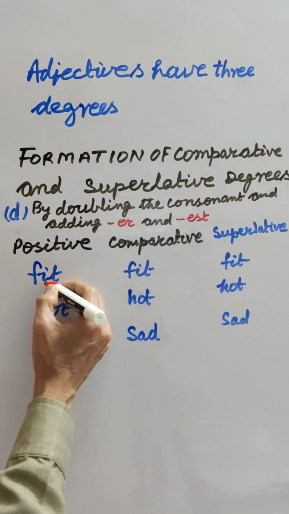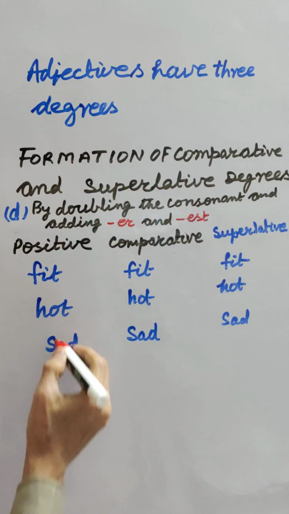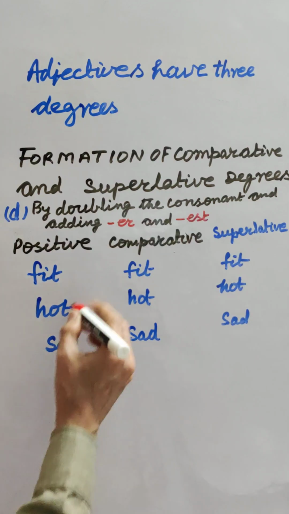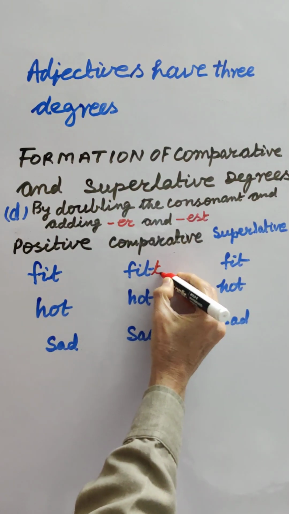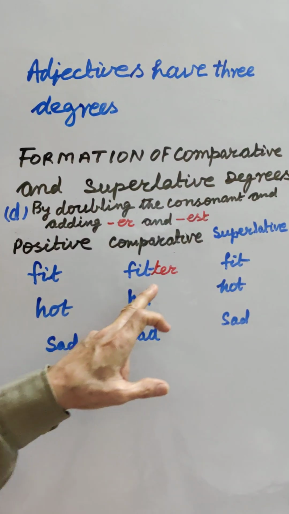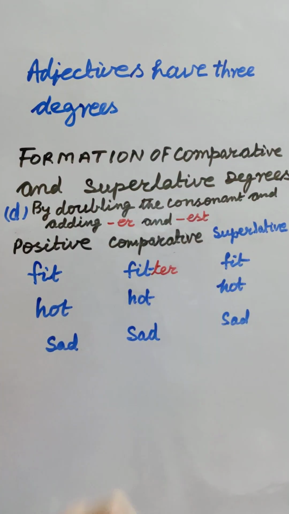The vowel is I before the consonant T. So we shall write FITTER, F-I-T-T-E-R, doubling the T again, since I is a vowel before the consonant.